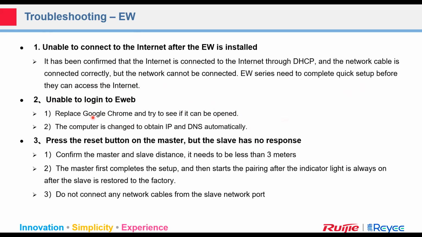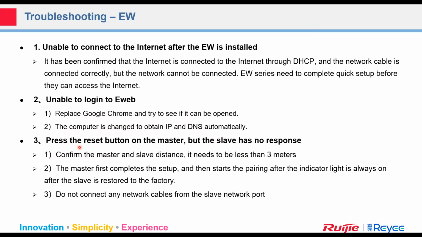Meaning you can choose another browser, maybe Mozilla or Internet Explorer, just to check whether it is a browser issue, or just double confirm that your PC has not changed IP or DNS, because in order to reach the eWeb, you need to be on the same segment.